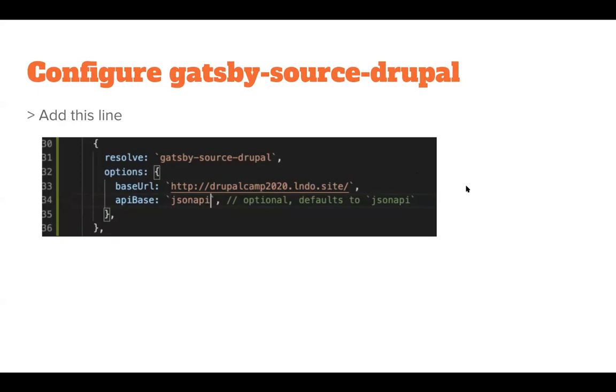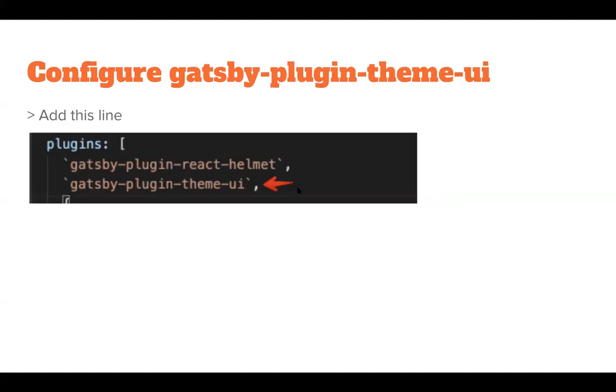So we will define here the base URL and then the API base. What we said earlier is JSON API, but this is optional. So you could also rename it to just API. Then we're also going to add gatsby-plugin-theme-ui to the Gatsby config file.